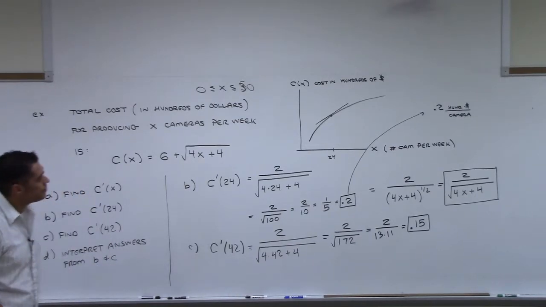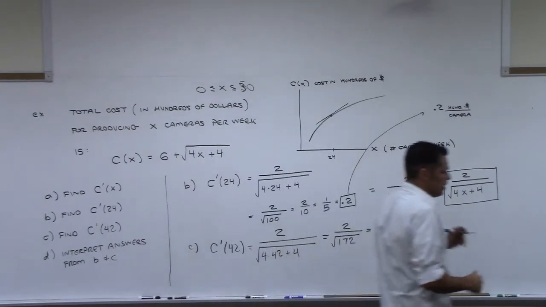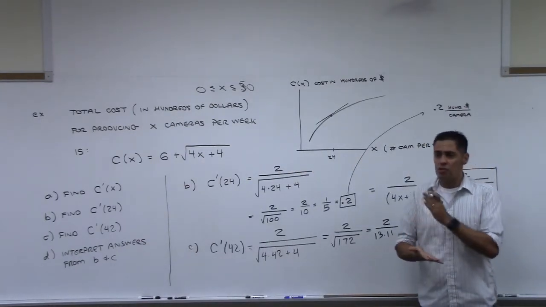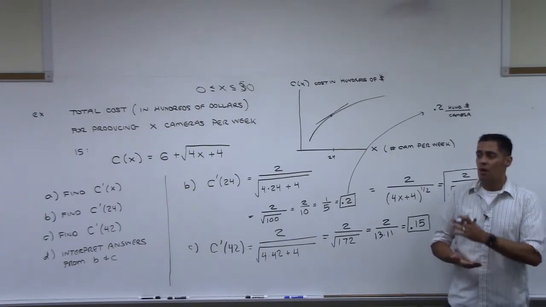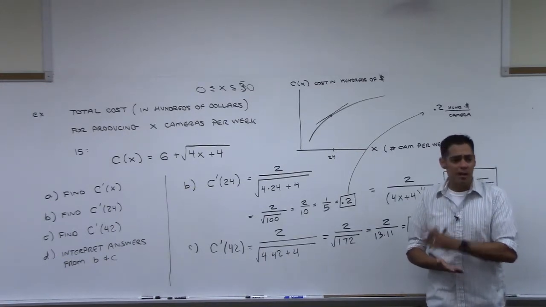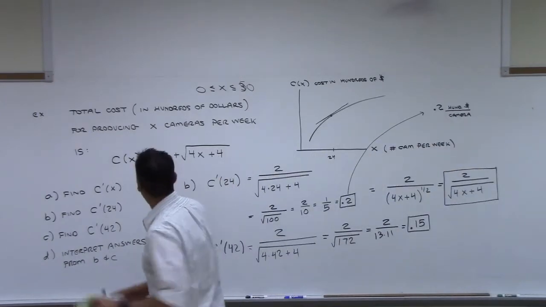I'm sorry. Okay, so this says that if we produce 24 cameras, our costs are increasing at $20 per camera. I'm going to write that down because that's what it means to interpret this.